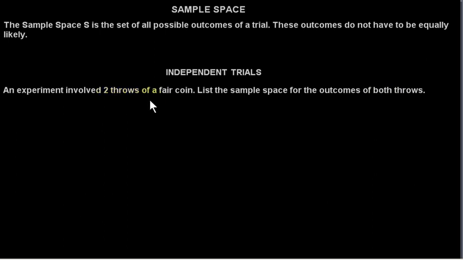In the first throw or trial, the outcomes are H or T. H for heads, T for tails. So there are two possible outcomes for the first throw, and for each of these possible outcomes for the first throw, we have two possible outcomes for the second throw.